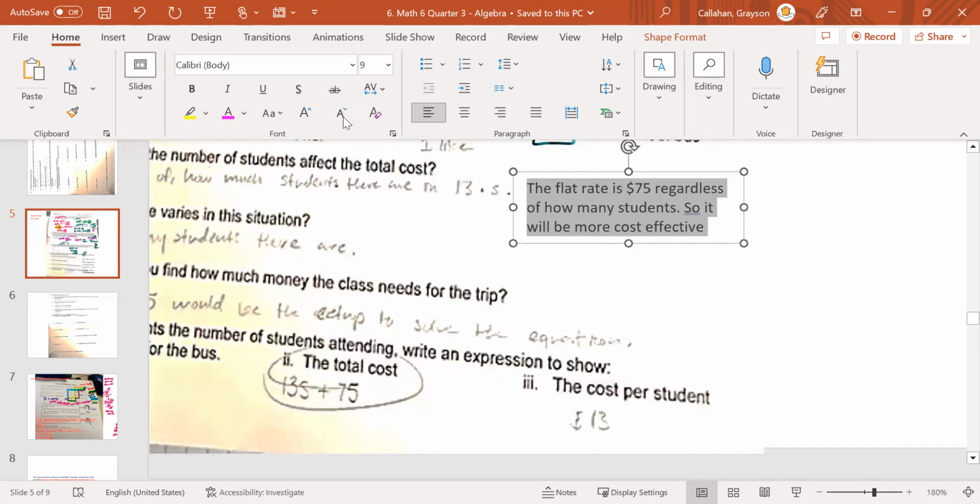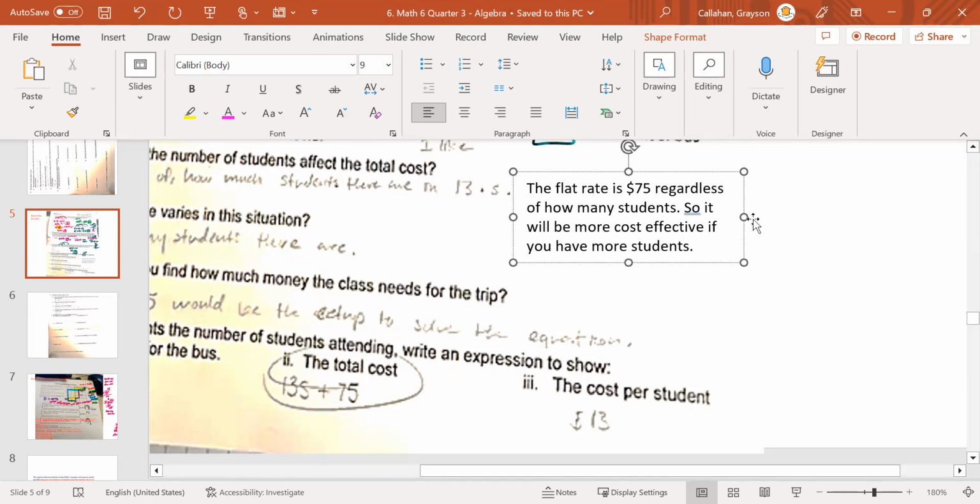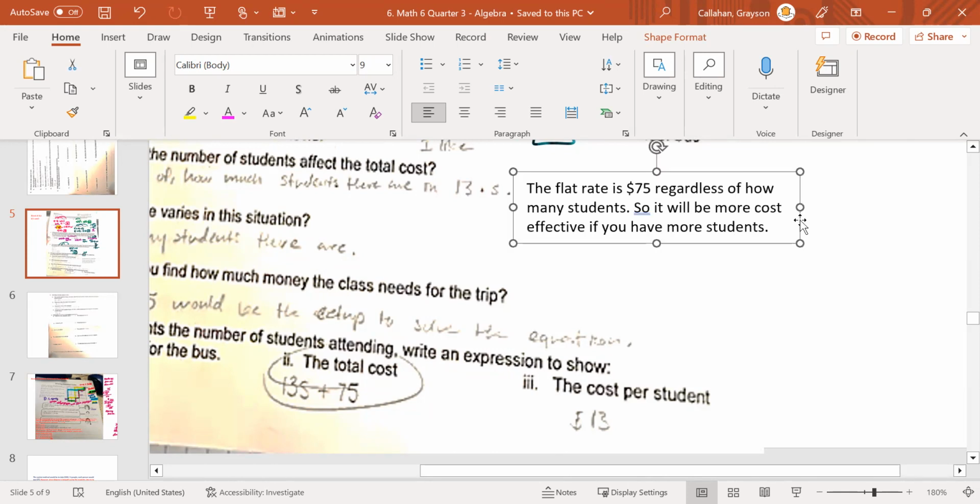If you have more students or have less students? Have more students, right? Because if you just have one student, it's still going to be $75 times 13 times 1, right? So it will be more cost effective if you just have more kids. Okay.